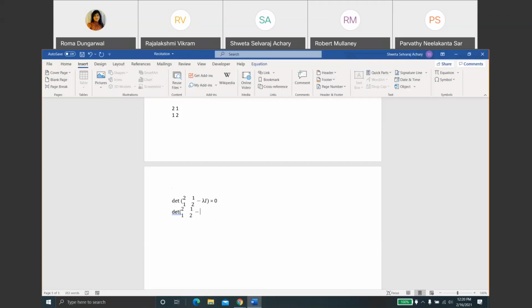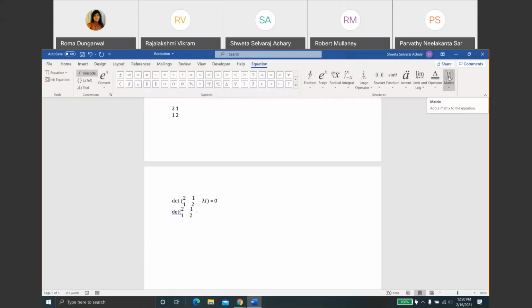I is our identity matrix. So when you multiply lambda with the identity matrix, you will get lambda, 0, 0, lambda.